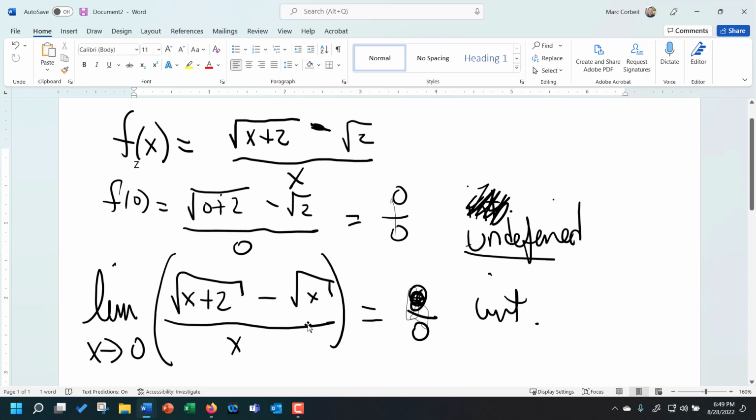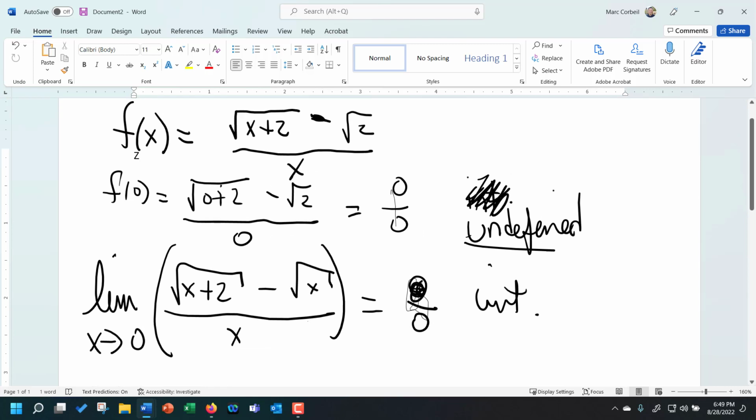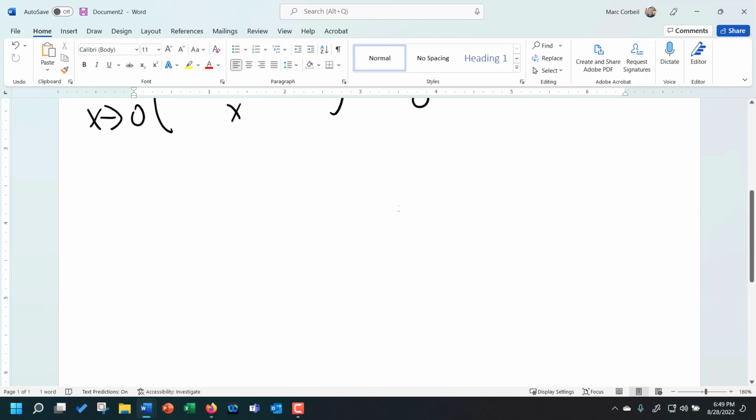Well, what we can do is rationalize it. So we can multiply this by a square root that would work. In this case, the square root we'd have to use would be the conjugate. So what we're going to do is take a value or a square root that's going to work for us.